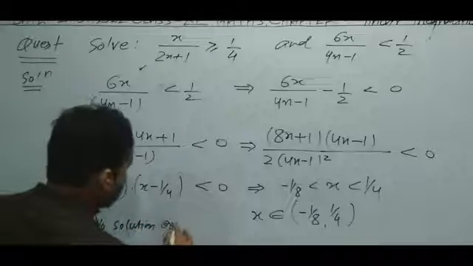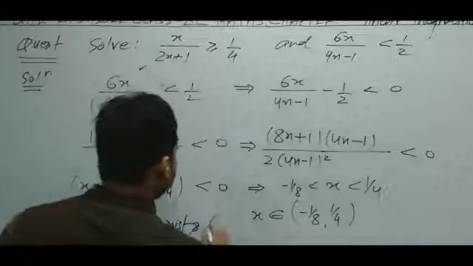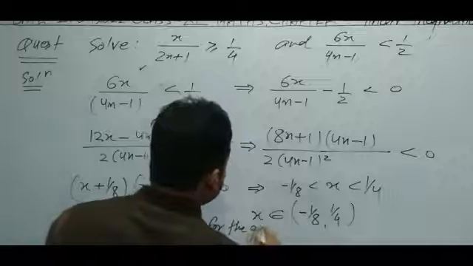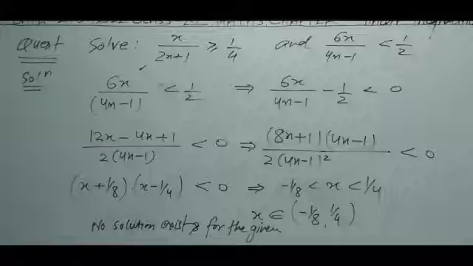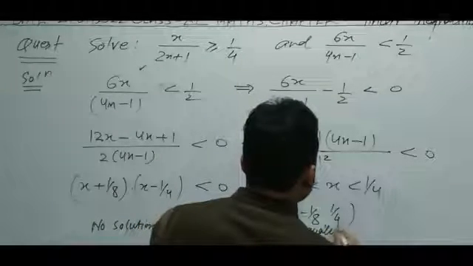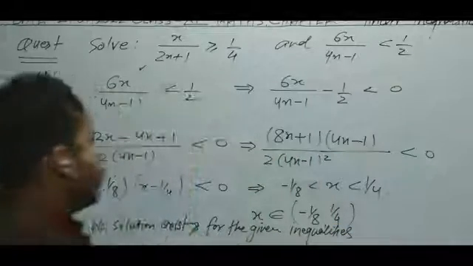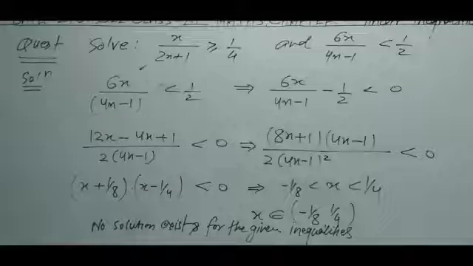No solution exists for the given inequalities. See, because this result is x belongs to minus 1 by 8 to 1 by 4, and the above result is minus infinity to minus 1 by 2 and 1 by 2 to infinity.